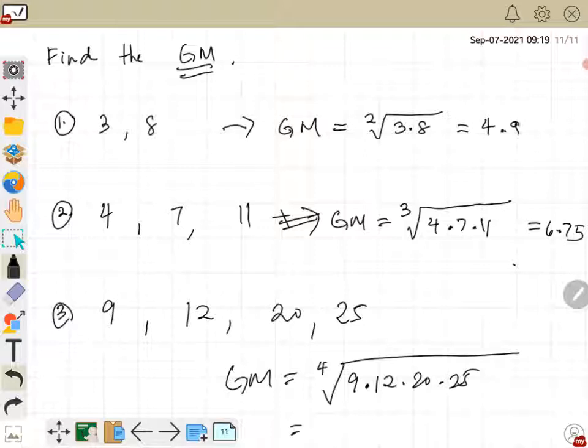That is 15.24. So the geometric mean is simply 15.24. Okay, so simply as that, that is our lesson 6, the geometric sequence.